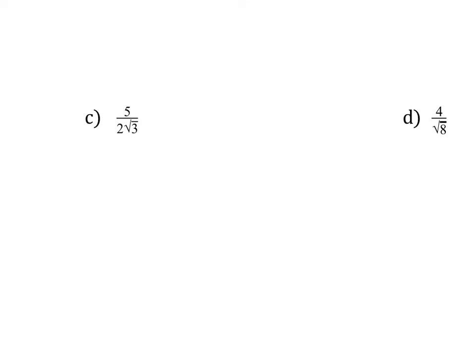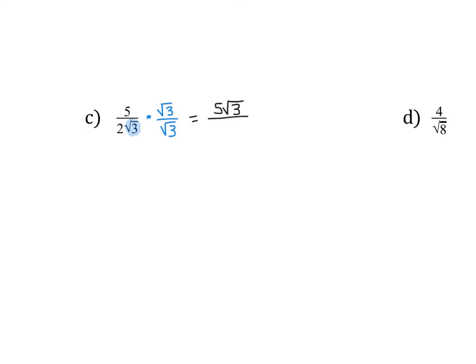Let's try example C. So remember, our only goal is to clear the square root. So we don't need to actually worry about the 2. We just need to worry about the square root of 3. So I'm going to multiply the numerator and denominator by square root of 3 over square root of 3. So 5 times square root of 3 is just 5 square root of 3.